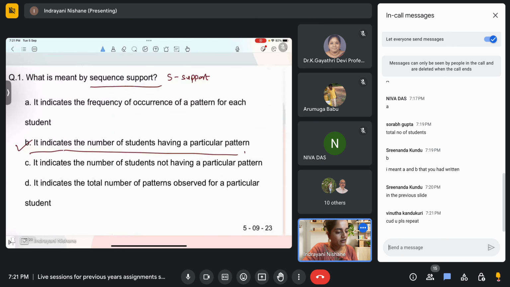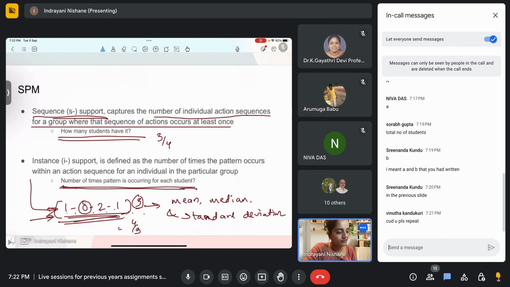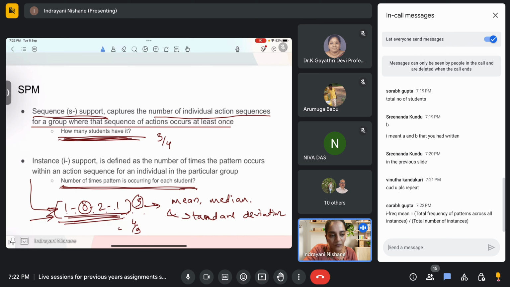Let's go back to the definition of S support. S support says the number of individual action sequences for a group where the sequence of action occurs at least once. In plain English, that means for how many students that particular pattern is observed, out of all students.